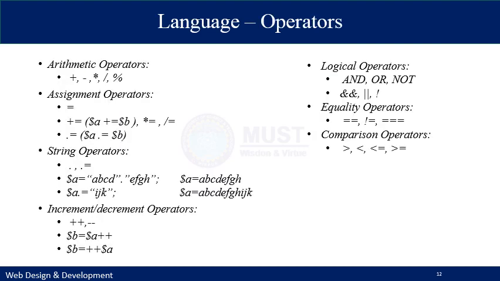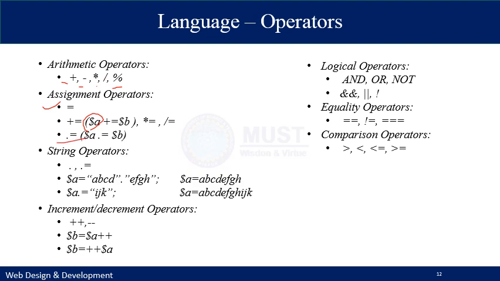Operators work the same in PHP like any other language. The basic arithmetic operators are addition, subtraction, multiplication, division, and modulus. Similarly, assignment operators work the same, like is equal to used as assignment, and similarly you can use plus equal to, minus equal to, multiply equal to, and divide equal to to perform the addition, subtraction, multiplication, and assign the result to the variable on the left hand side of the equation.